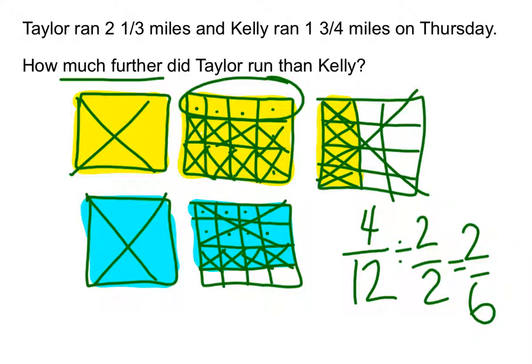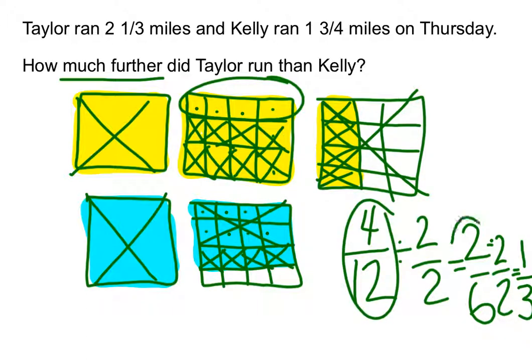I'm looking at that new fraction and realizing I can divide both of those by 2 as well. 2 divided by 2 is 1. 6 divided by 2 is 3. And so I know 2 1/3 minus 1 3/4 is equivalent to 4/12, 2/6, and 1/3, since all 3 of those fractions are equivalent.